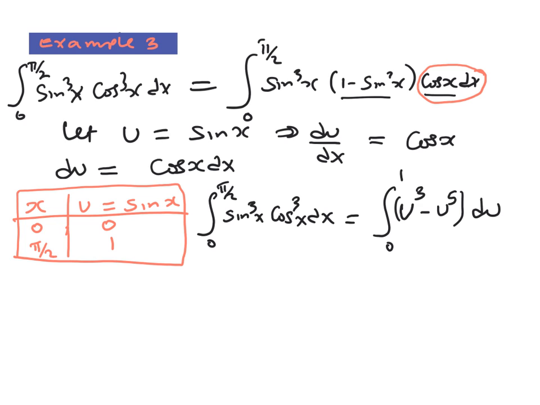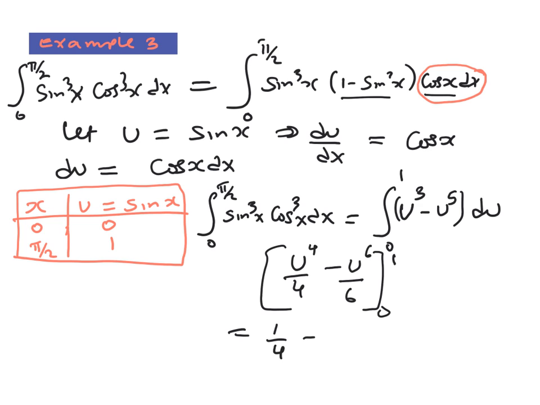Let's go ahead and integrate this. This is u to power 4 over 4 minus u to power 6 over 6 from 0 to 1. Substituting the upper limit, we get 1 over 4 minus 1 over 6, then minus 0.